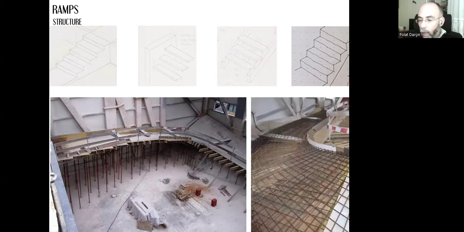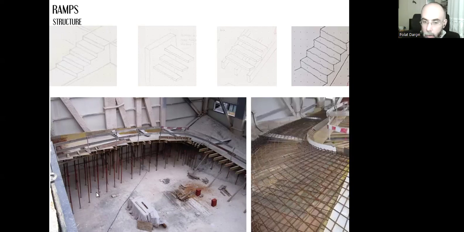In this example, we have the form, the mold, and we have the reinforcement bars. So when they pour the concrete in and wait till it sets, and then they are going to remove the mold and the ramp will appear. It can stand on its own.